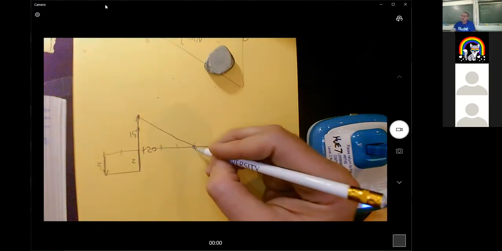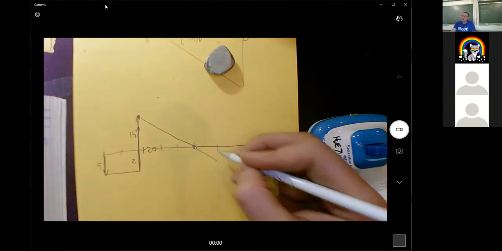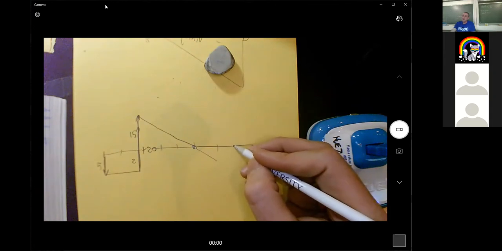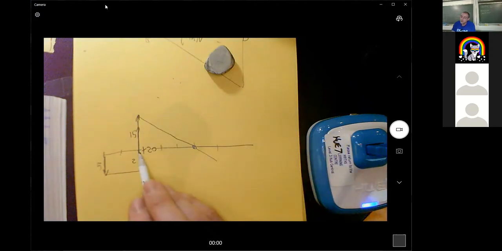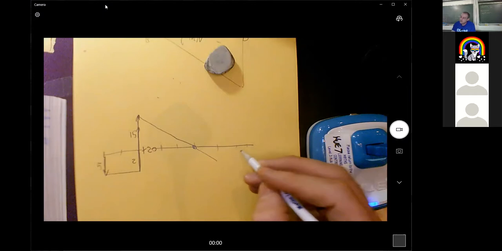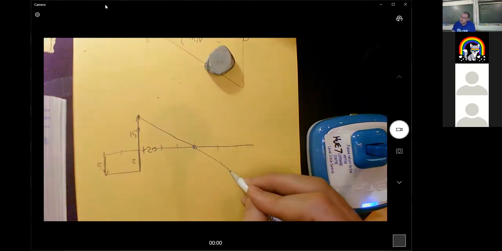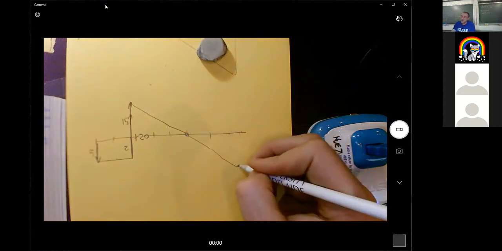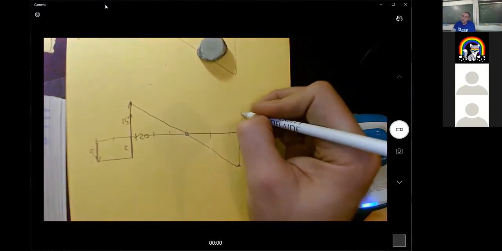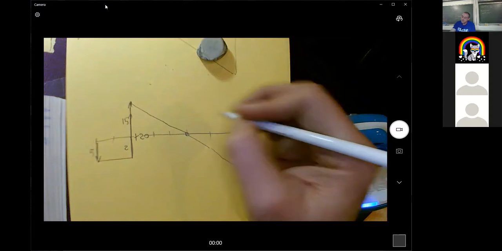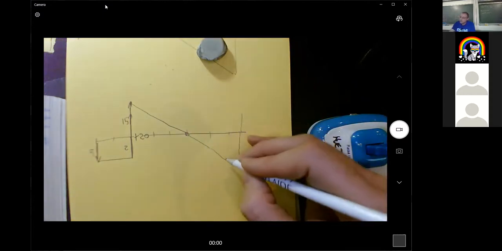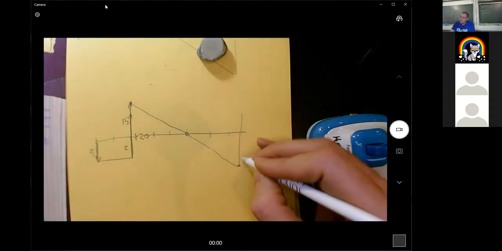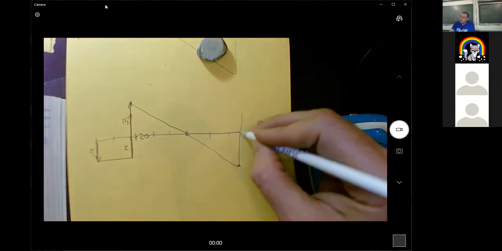And then it will keep going down 5 for every 1 across until it gets to C. So we were at B here, 1, 2, 3, 4, 5, 6 to get to C. Here we are at C, and then we'll go up the 25 that's at C. So we were at minus 5, minus 10, minus 15, 5, 10, 15, 20.